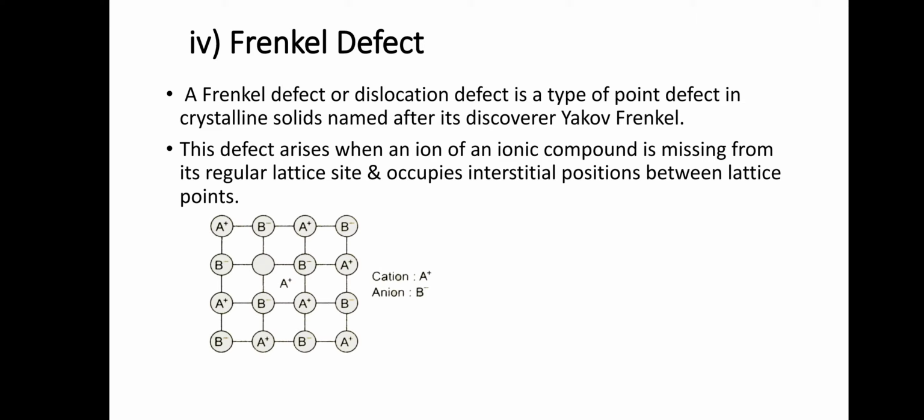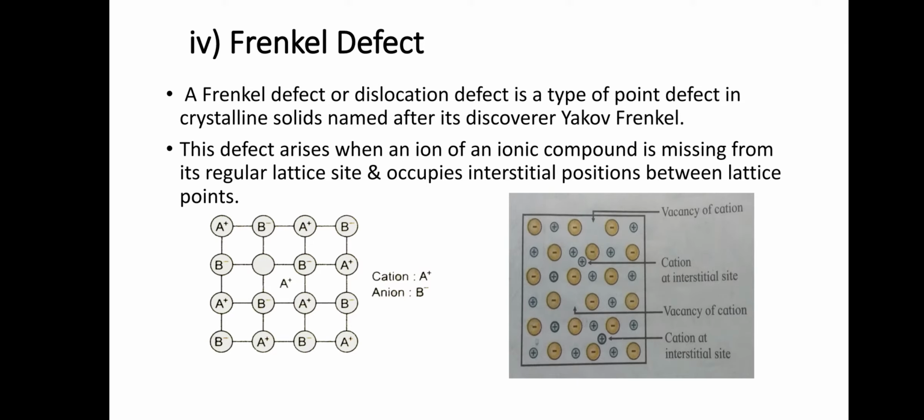For example, as shown in this diagram, consider the cation A and anion B. The cation A from its original position goes to the interstitial site, and hence it develops a vacancy at the original position, but the cation and anion ratio remains the same.